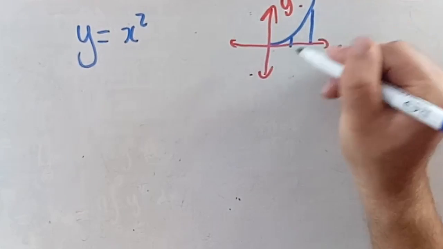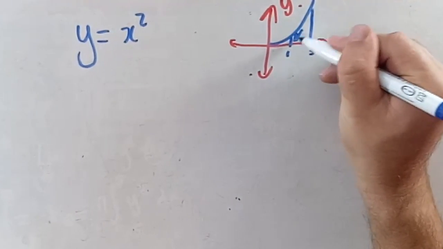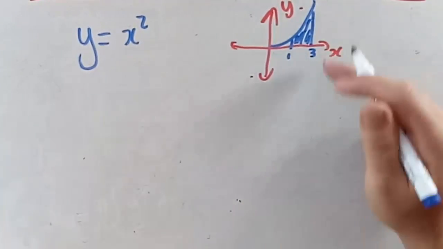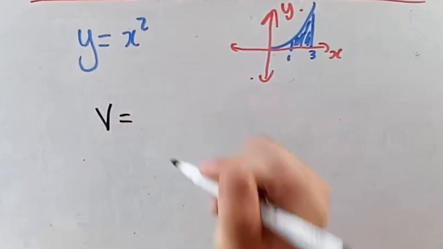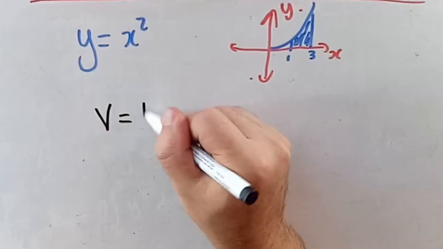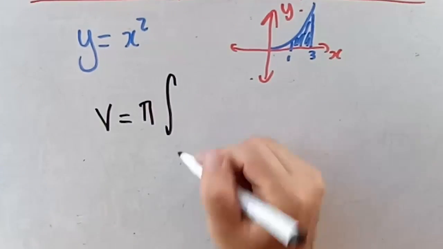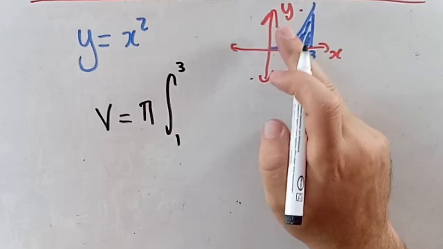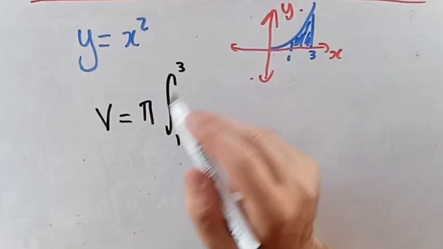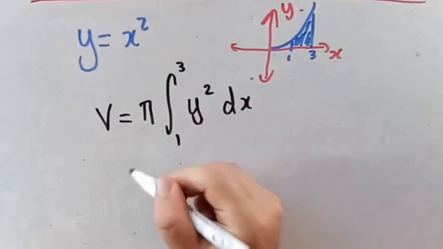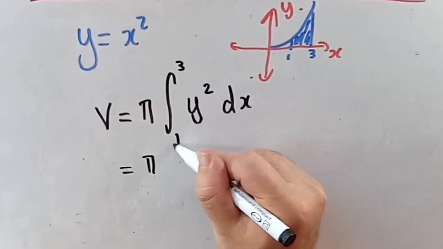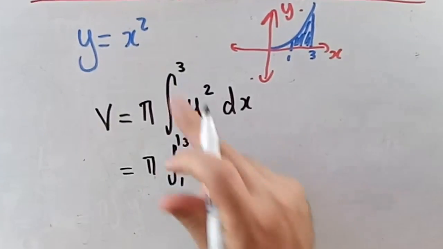So we're going to take this area and rotate it around the x-axis. So that volume of revolution is pi times the integral between 1 and 3 of the function y squared dx, equals pi times the integral from 1 to 3.